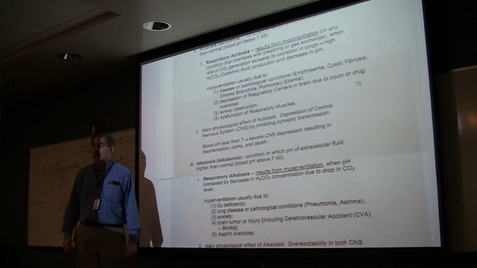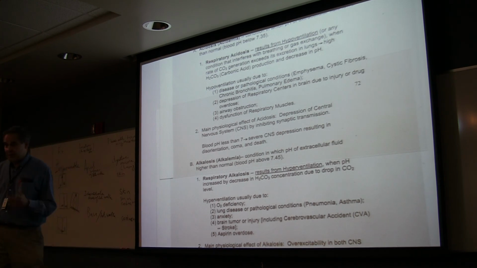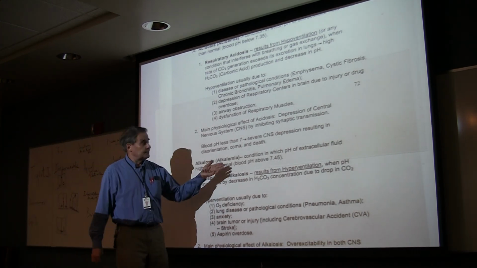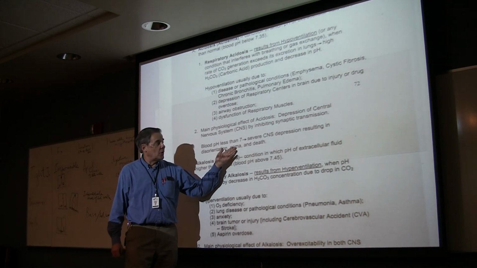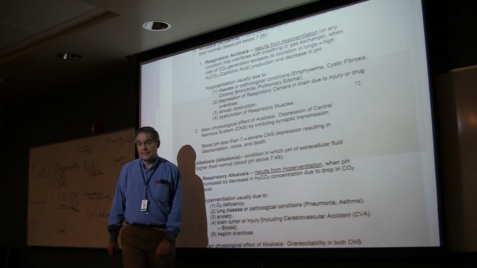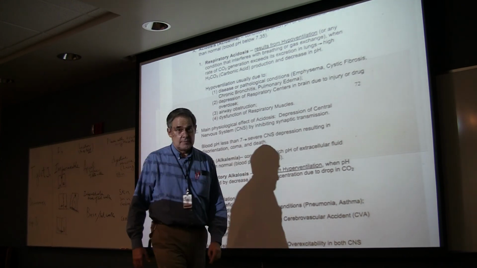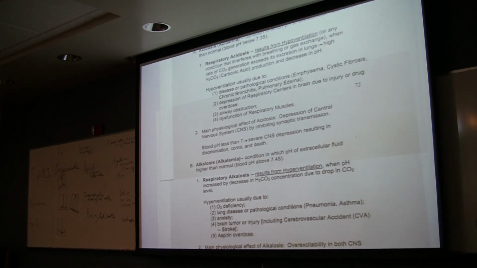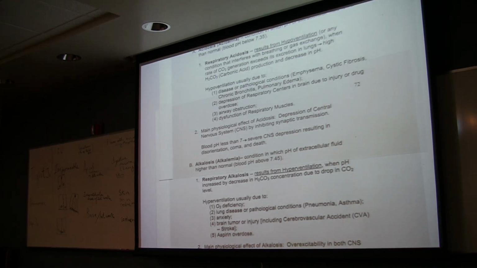This results in neurological symptoms like disorientation, dizziness, eventually lapsing into unconsciousness, coma, and if it's not corrected, death. This is at neutral pH. Like I say, a small change in pH can have a drastic effect on the body. That's why it's so important that we maintain a fairly stable, narrow pH range in our body fluids. That's acid-base balance, and we have ways of doing that, which we'll talk about later.